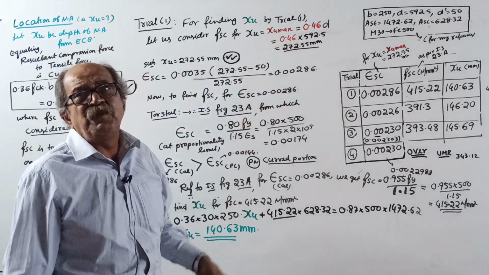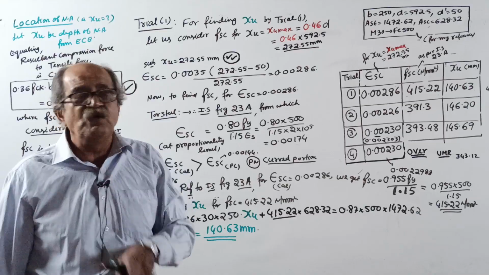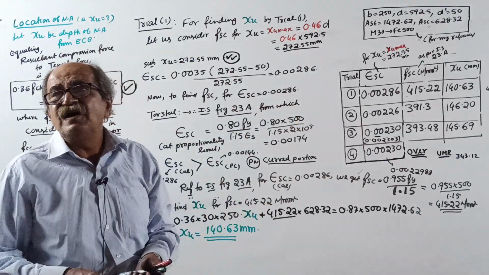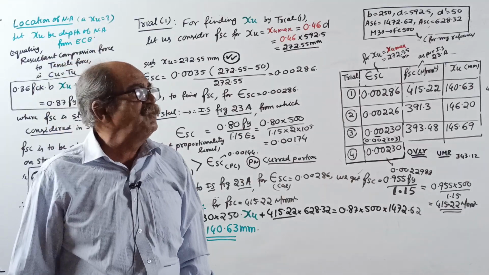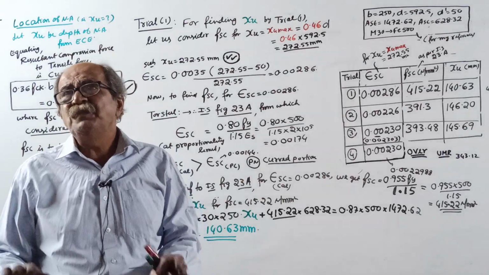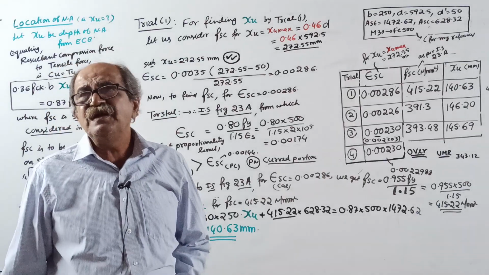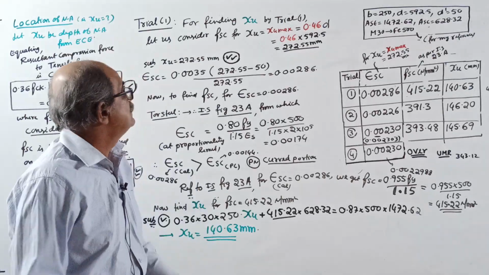Don't make an issue in the comment box saying you told xu max by d is 0.46 and I wrote 0.48. I am telling you now: for fy equal to 500 Newton per mm square, from the IS code, xu max by d is 0.46. If I had taken the Fe 415 value 0.48 there, make it 0.46.